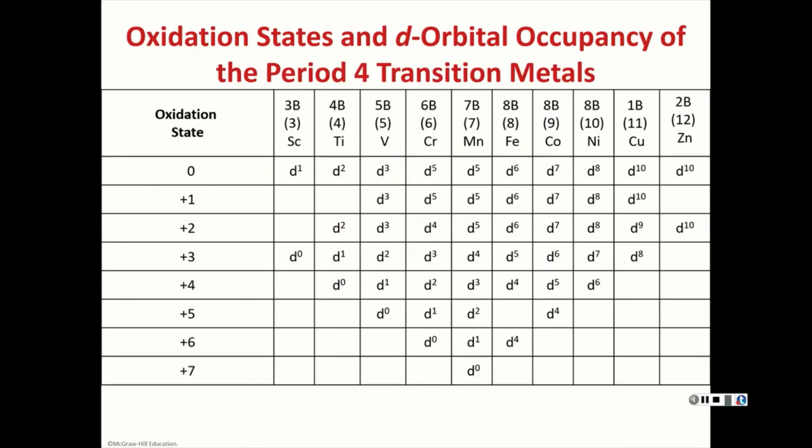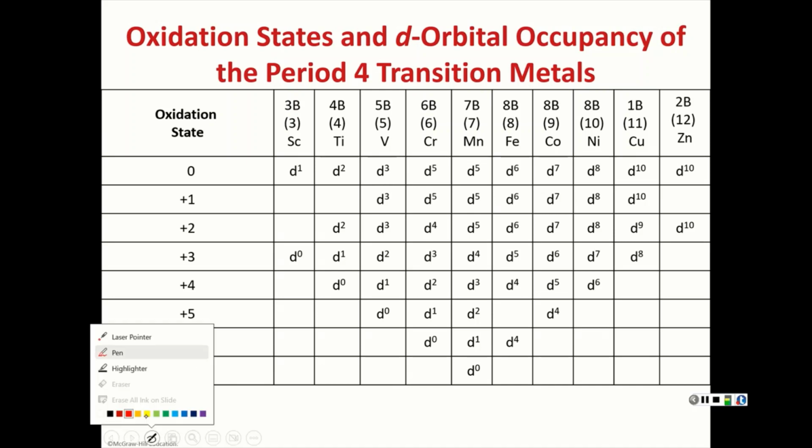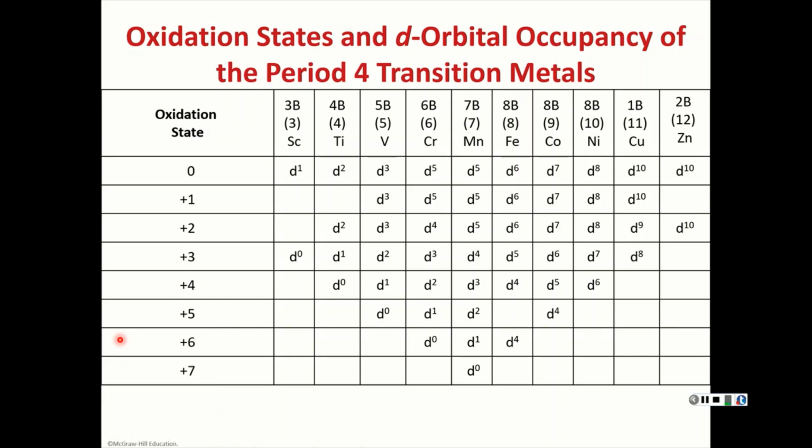The table here shows the different oxidation states these particular transition metals can have. We're looking at, again, the first row of transition elements, so row 4 from scandium to zinc.